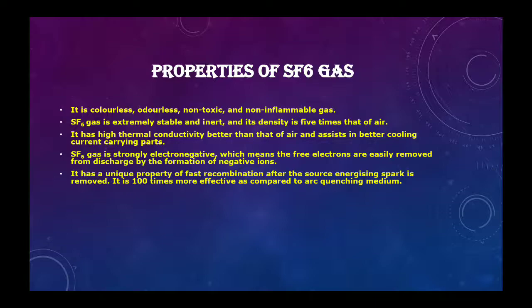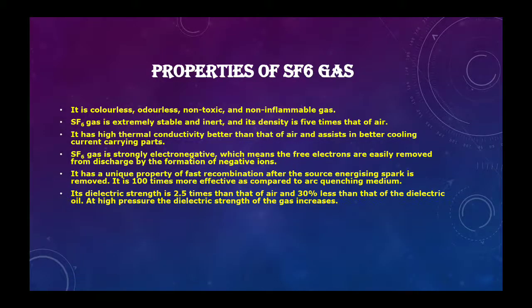It is 100 times more effective as compared to other arc quenching media. Its dielectric strength is 2.5 times that of air. So it has a good insulating property and is 30% less than that of dielectric oil.